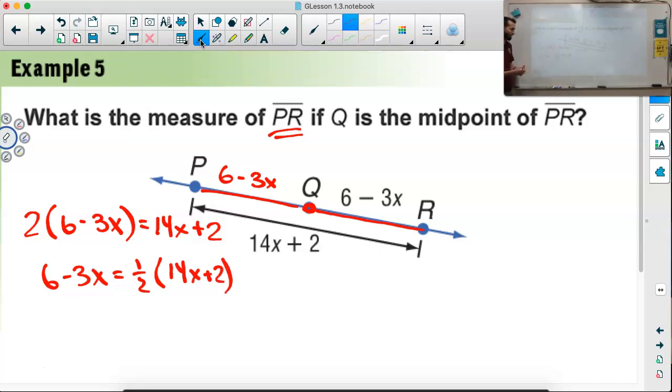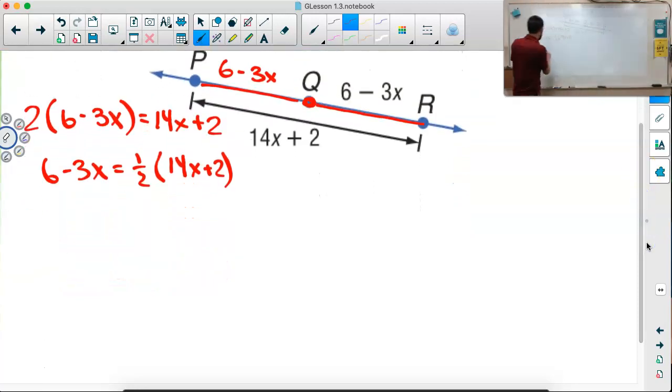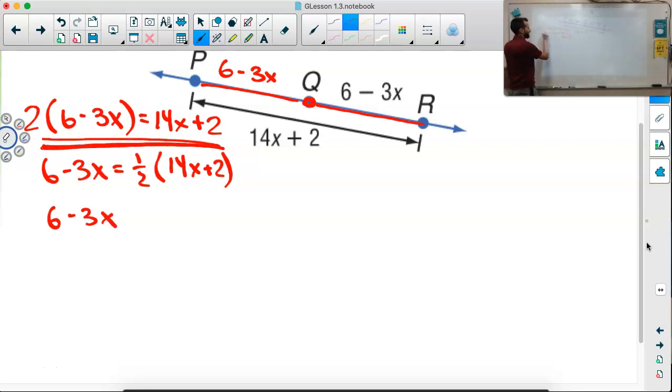Either way you want to look at it, okay? One is not necessarily easier than the other or better. Sometimes the math the way they set it up will be easier, but I could solve these fairly easily. I'll just take this one because it's on the bottom. So let's just take this 6 minus 3x. So these are 2 different options, right, that we could do. We're doing this one here.